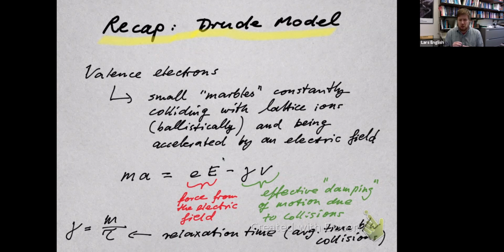And so we can cast gamma in terms of tau, and you see that the two are inversely related. Gamma is equal to m over tau. That makes sense, because if you have a long time between successive collisions, then there isn't a whole lot of damping going on. And so it makes sense that the two would be inversely related.